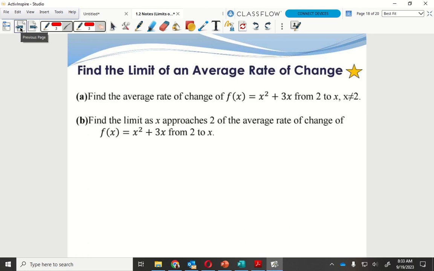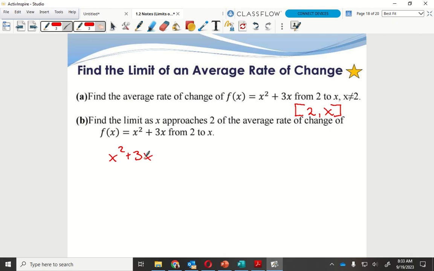So if I'm plugging in from points 2 to x, I'm going to start with my f of b, so that's going to plug in f of x, which is x squared plus 3x.